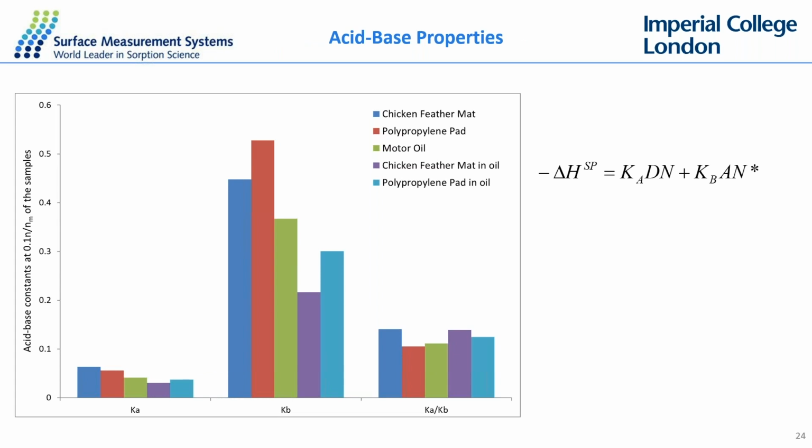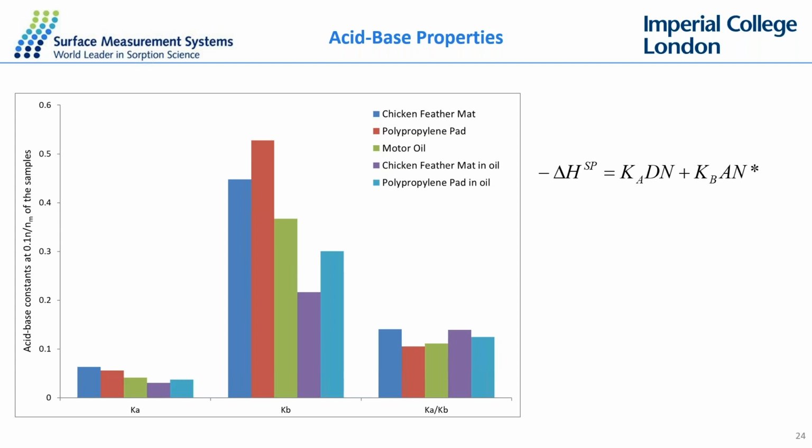The acid-base property provides an empirical basis for the calculation of the surface energy with respect to acidity and basicity. We have SC, which is called the surface specific character. Usually when our SC is less than 1, it means that the surface is considered to be basic.